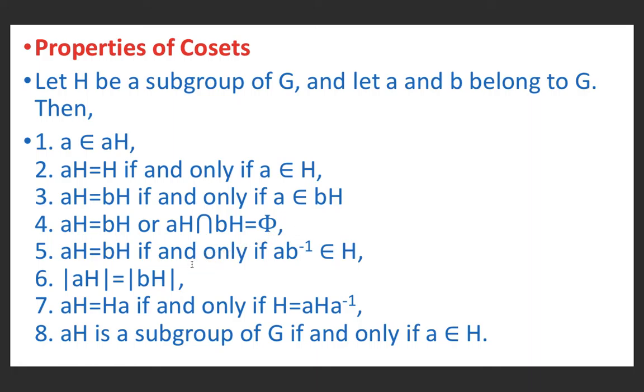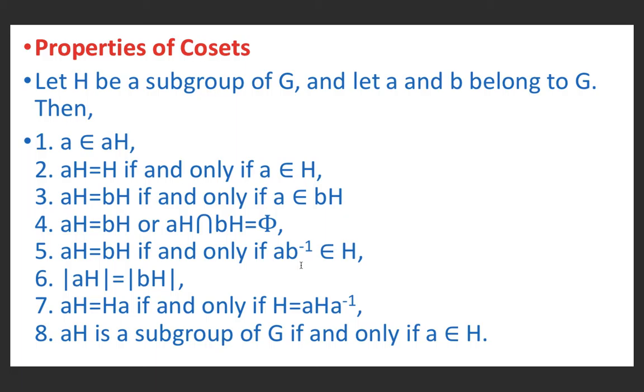Now, the fifth property is AH equal to BH if and only if AB inverse belongs to H. It shows how we transfer a question about equality of left cosets of H to a question about H itself and vice versa.